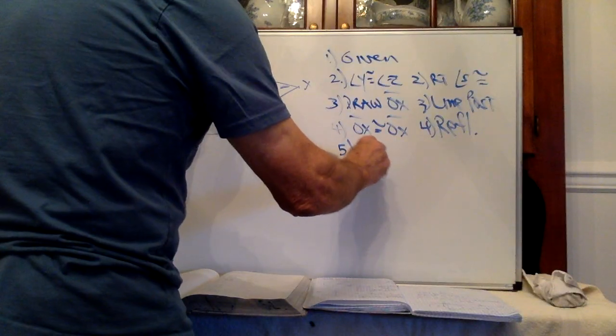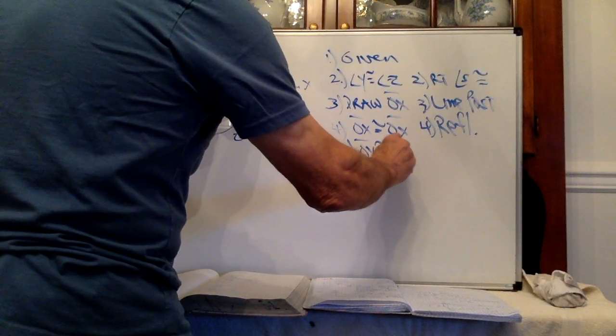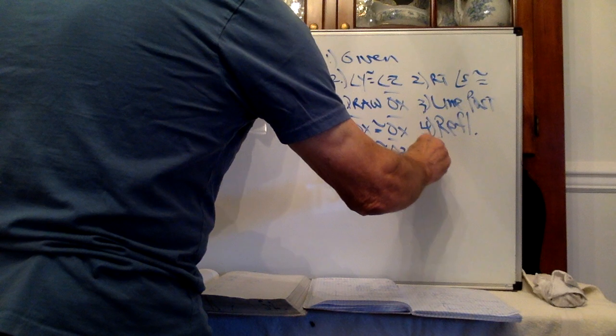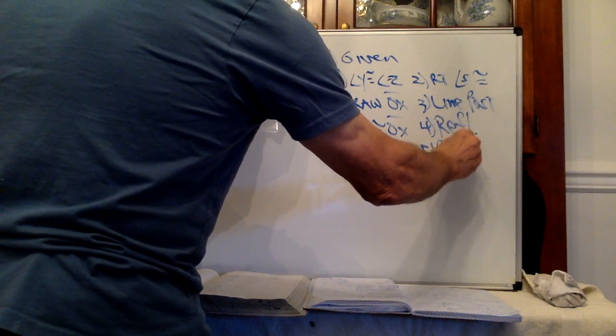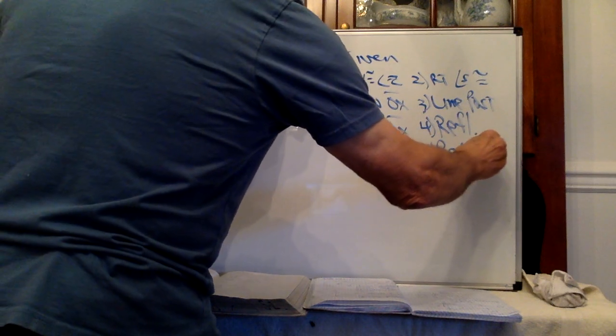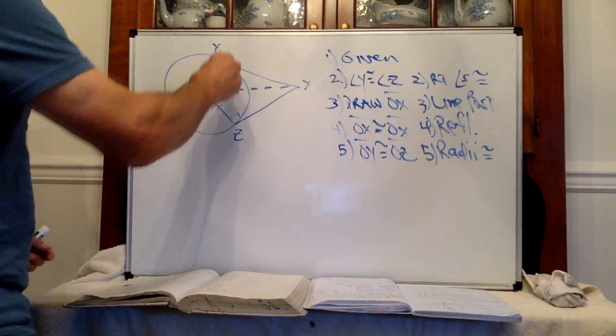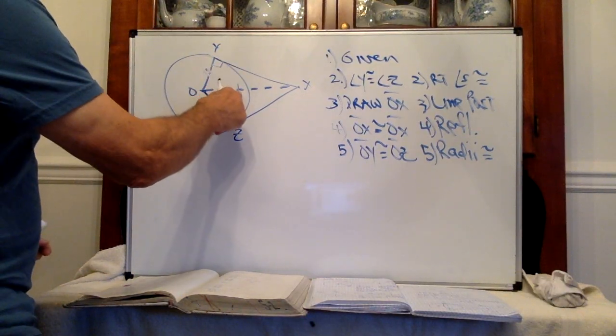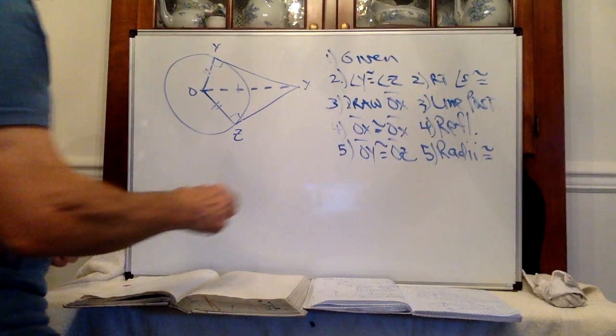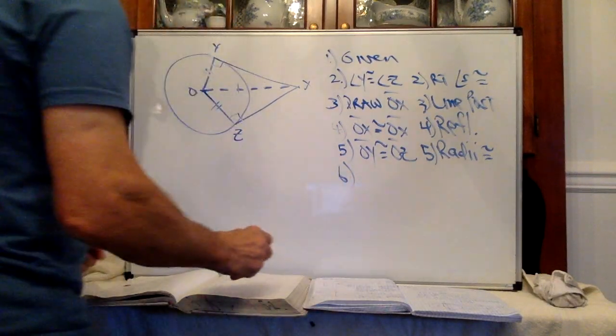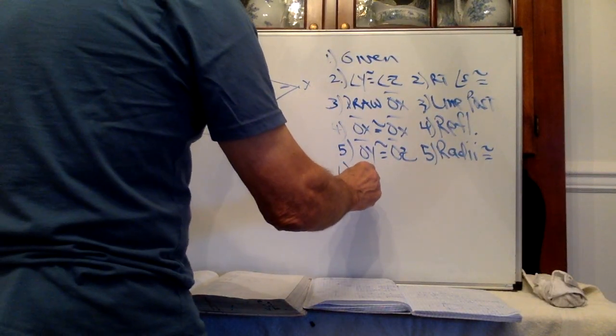They're radii of a circle, and radii are congruent. Now I have 2 right triangles with the hypotenuse and the leg congruent. Therefore, the triangles are congruent.